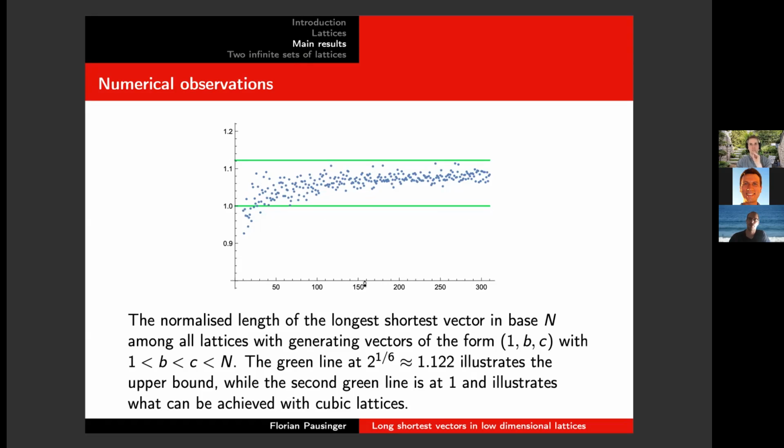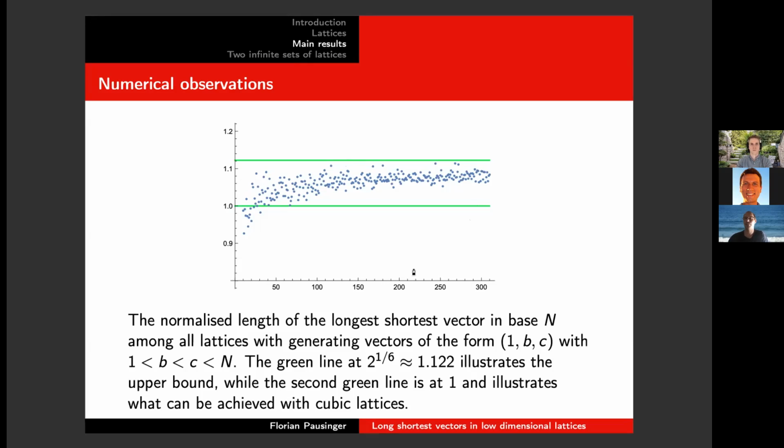So for example, if we are here at 160, then the longest distance would be approximately 1.08 and so on. So what you can see is that for every n, there seems to exist at least one point set that has a clearly larger shortest distance than a cubic lattice, but still the points are far away from the theoretical upper bound.